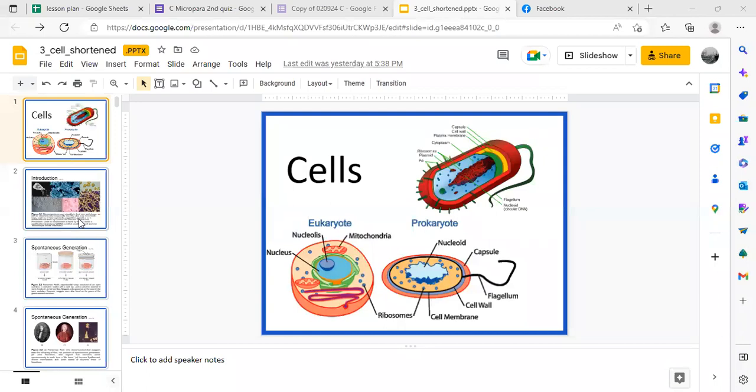Okay, from what you remember, can someone tell me the difference between a prokaryotic cell and a eukaryotic cell? Okay, anyone?